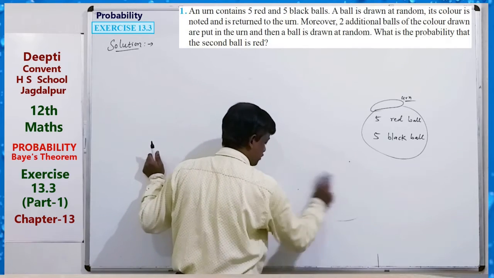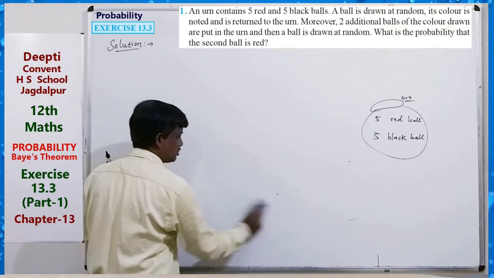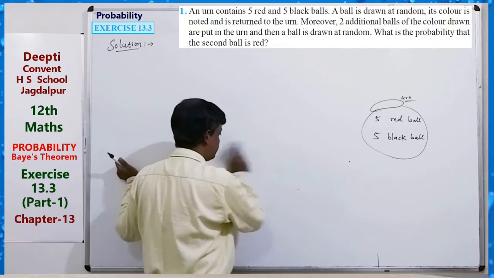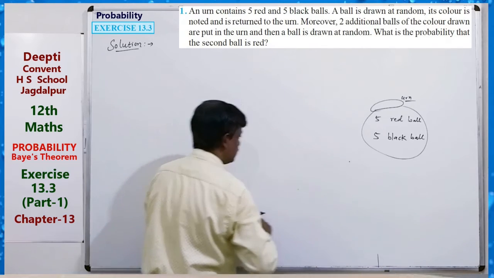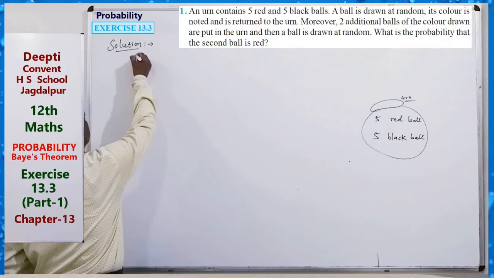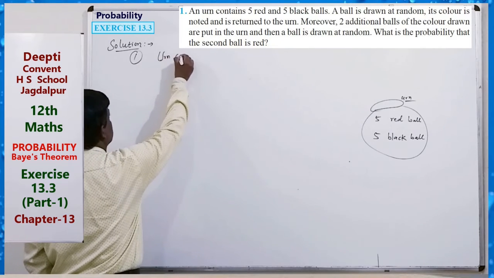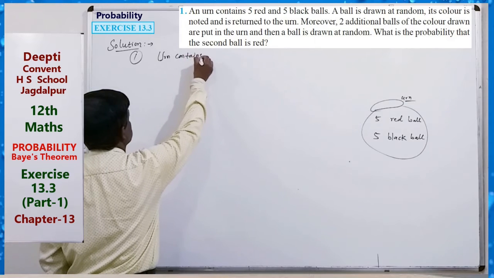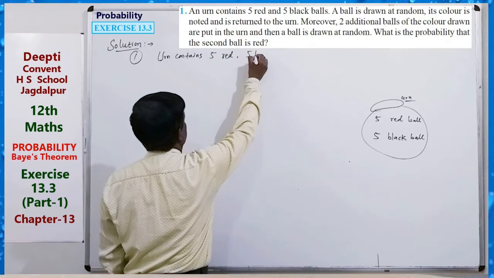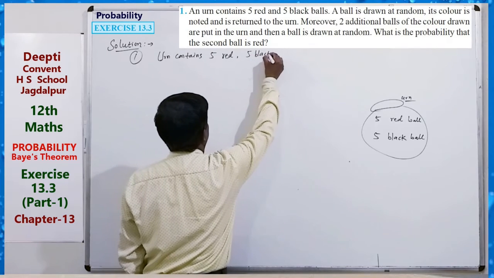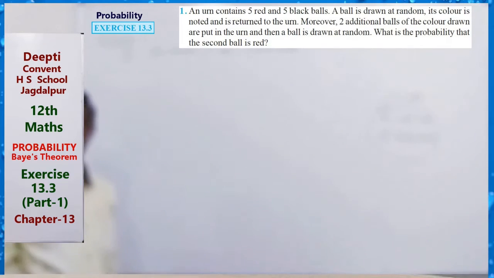Okay, so for writing, how can you write the solution of this question in detail? You can write in short just like this. Question 1. An urn contains 5 red and 5 black balls.